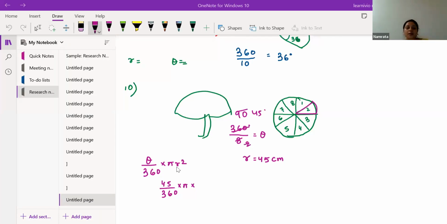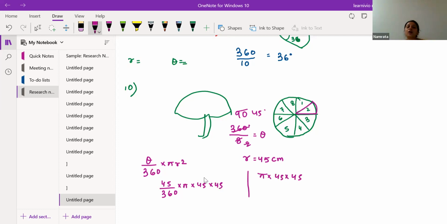Or the other method I am saying, here 45 times 45. Either this will give you the answer, or the other method is pi r square times r, that is 45 times 45.